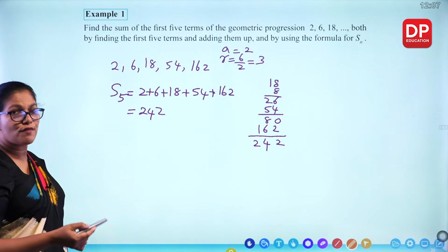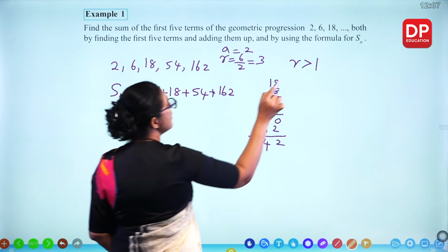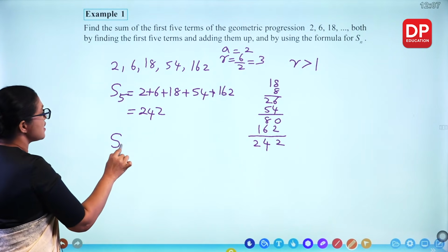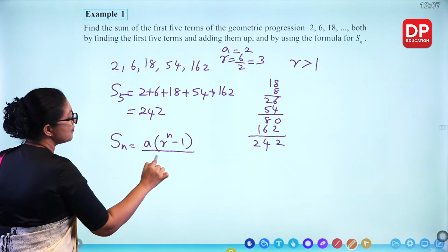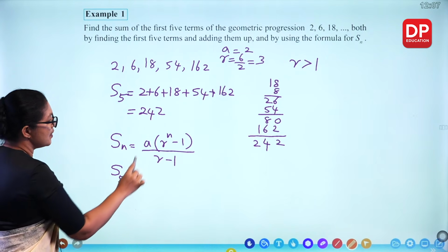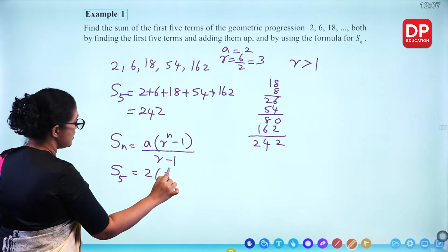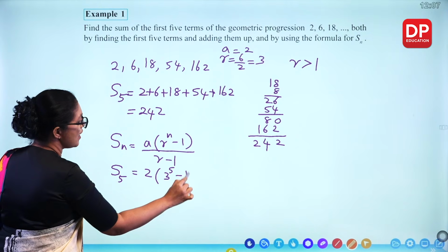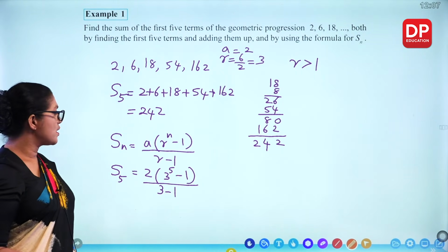Now we'll use the formula. R is greater than 1. That means you can use Sn as the R^n minus 1 formula. Now we need S5. A equals 2, R equals 3. 3 to the power 5 minus 1 over 3 minus 1. 3 minus 1 is 2.